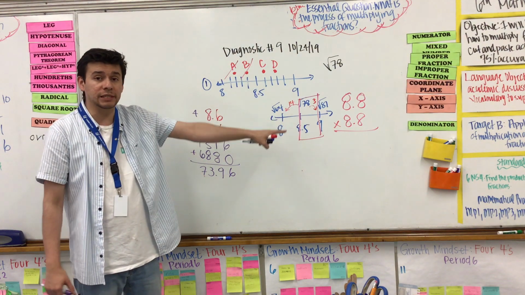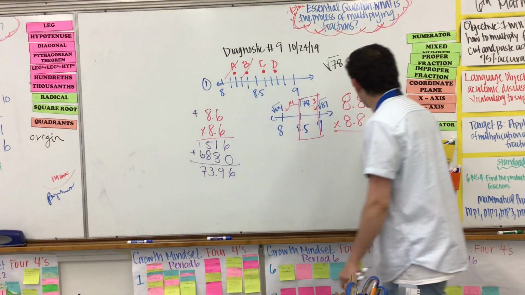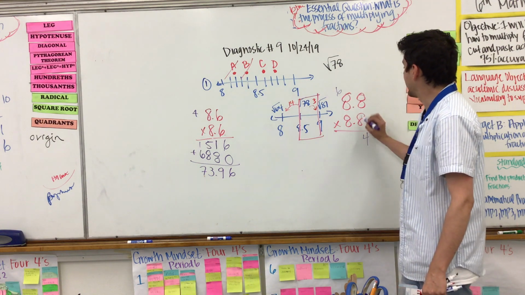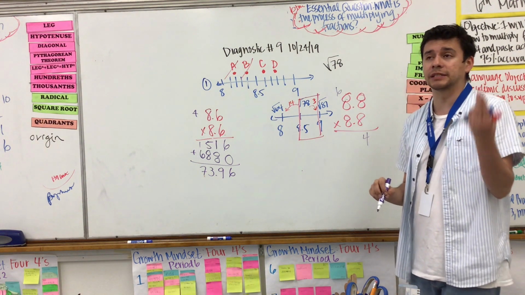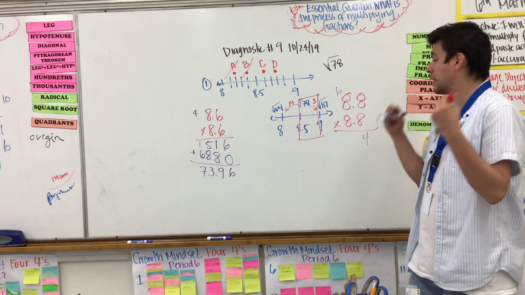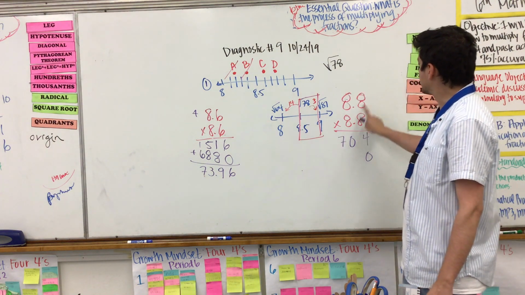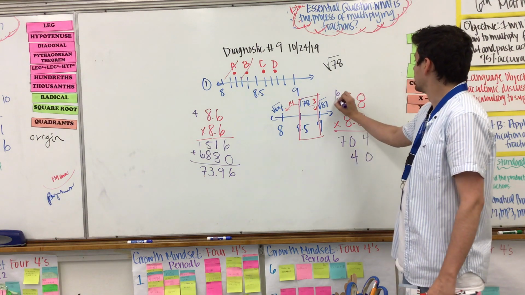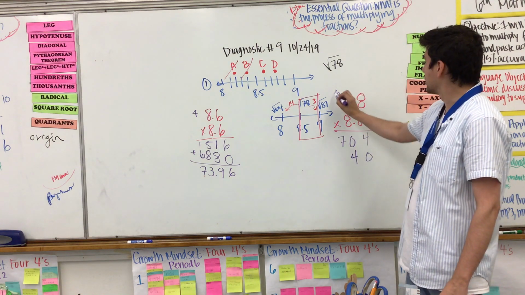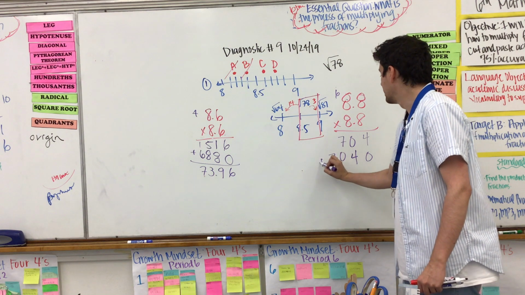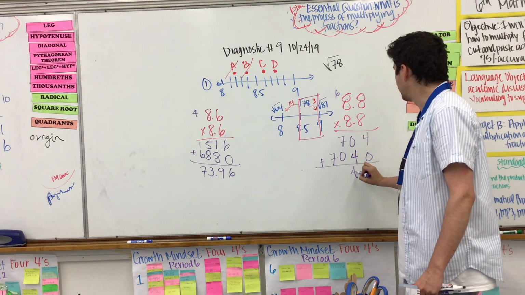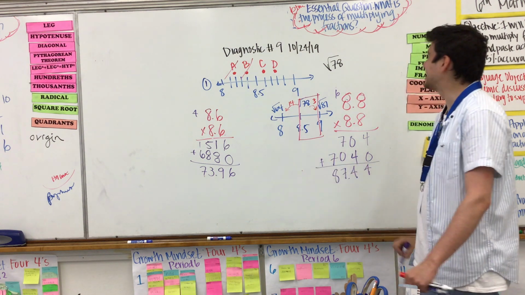But I'm still going to test it out. 8 times 8 is 64, 65, 66, 67, 68, 69, 70, 0. 8 times 8 is another 64. 8 times 8 is 64, plus 6 is another 70. I'm going to add 4, 4, 7, 87.